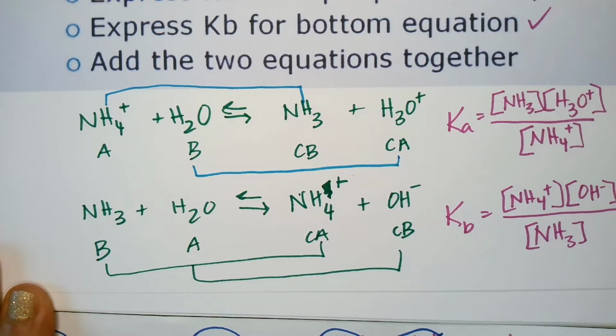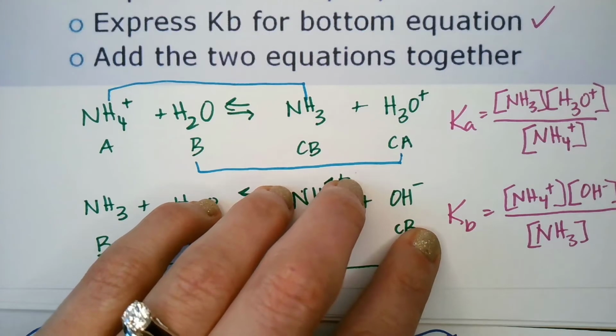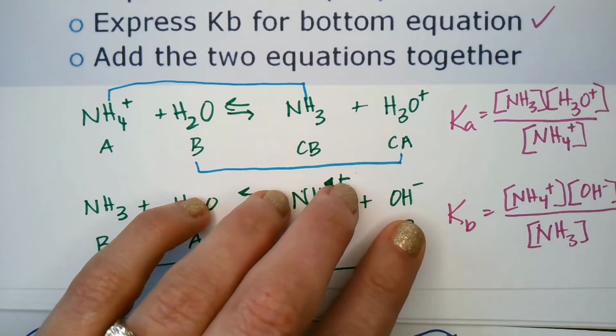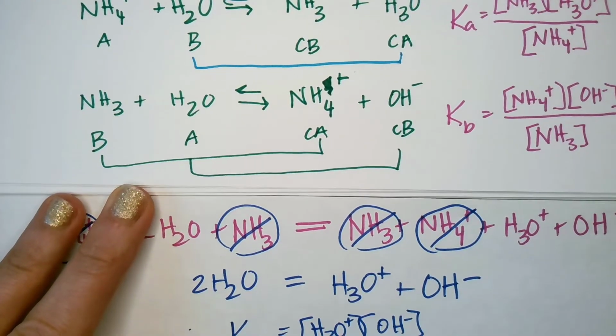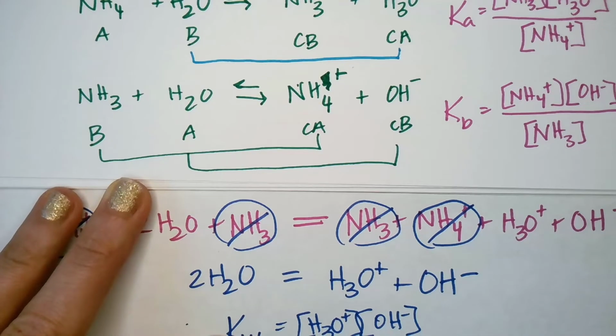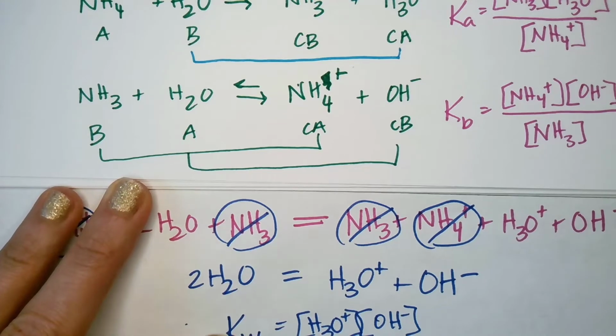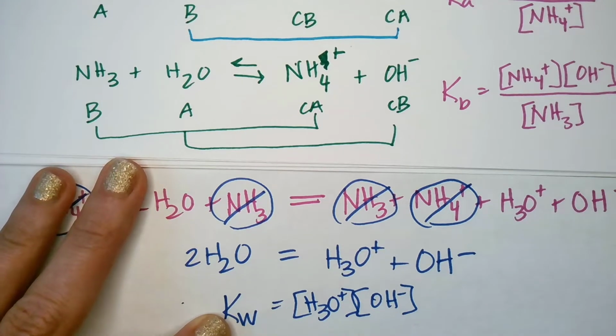So let's think back to what just happened. We started with two conjugate pairs, ammonium and ammonia. We showed in the Bronsted-Lowry theory their dissociation and how ammonium with its Ka and ammonia with its Kb, when added together, came right back to give us our Kw. In other words, we have a relationship.